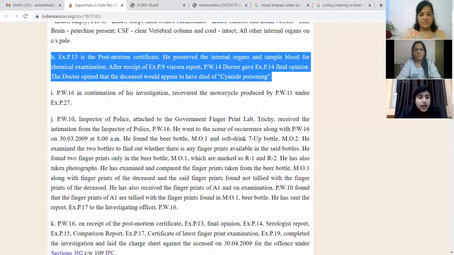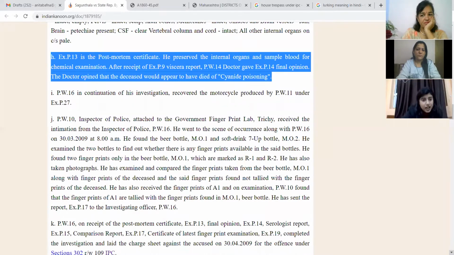The doctor opined that the deceased would appear to have died of cyanide poisoning. Prosecution witness 16, in continuation of his investigation, recovered the motorcycle produced by prosecution witness 11 under Exhibit Plaintiff 27.